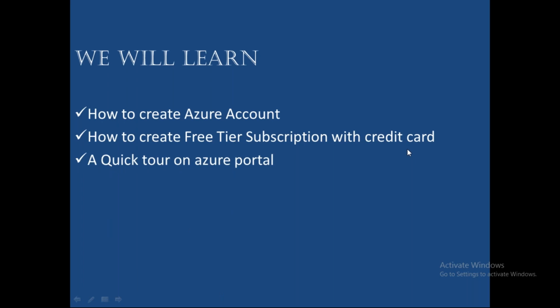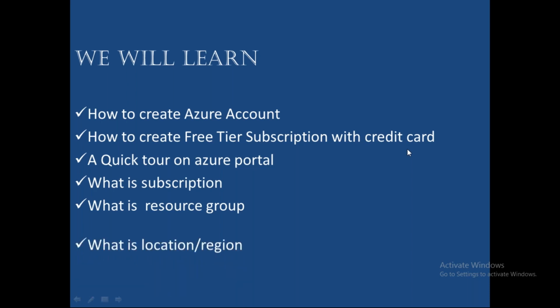Next, we will see, once we have these two ready, once we have the account ready and in the account we have the subscription ready, we can get an overview of the Azure portal. So how to see all the services which are available in Azure and what all things we can do from the Azure portal. All those things quickly we can discuss. Then we are going to discuss what is a subscription exactly and what is a resource group.